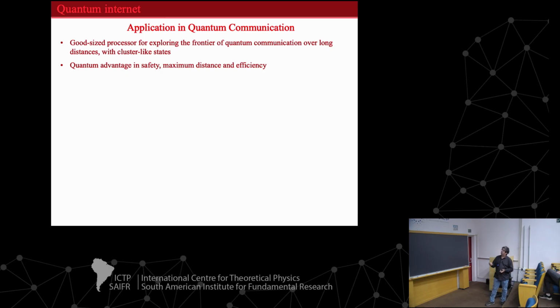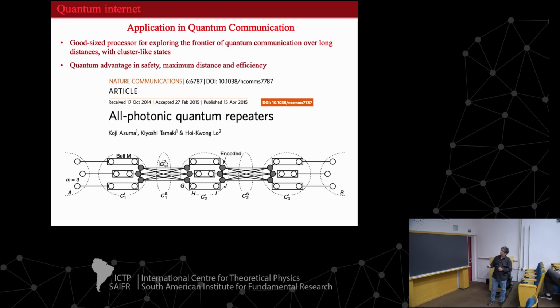And to investigate these more sophisticated protocols, this 20-mode processor also has a good size. We can really work with, for example, cluster states. And then we can look for quantum advantage, not in efficiency, but in safety, in maximum distances, and in other aspects.